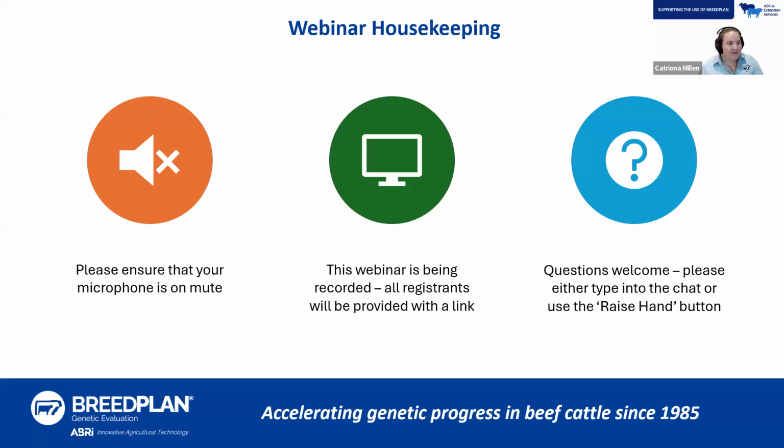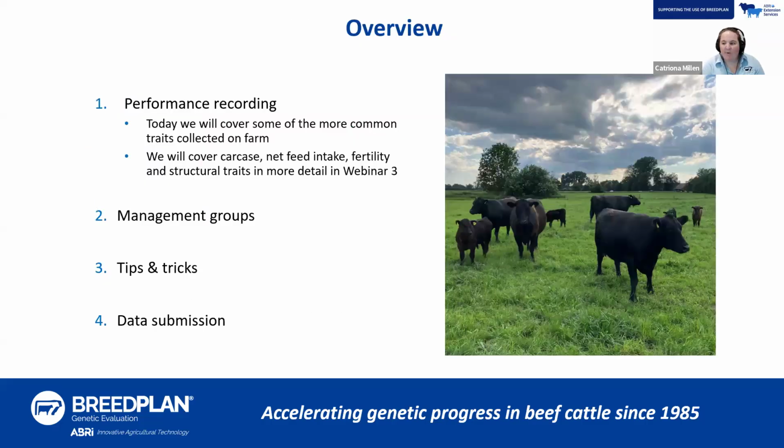Thanks, Boyd. So today what we're going to do is talk about performance recording for BREEDPLAN, and I'm going to cover some of the more commonly recorded on-farm traits that we have. I'm going to talk about carcass, net feed intake, fertility and structural traits in more detail in webinar 3.